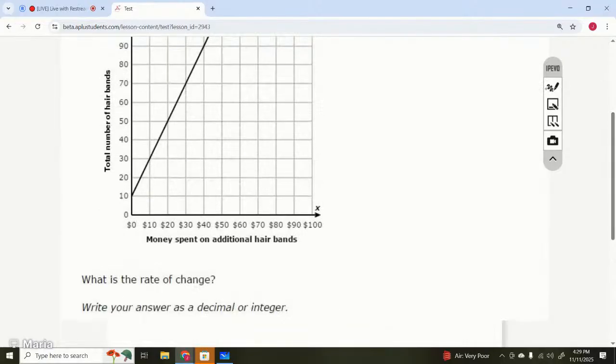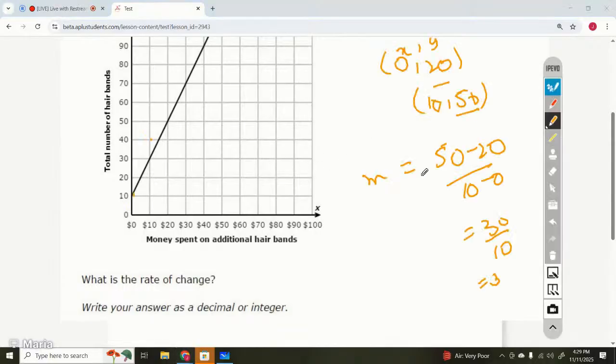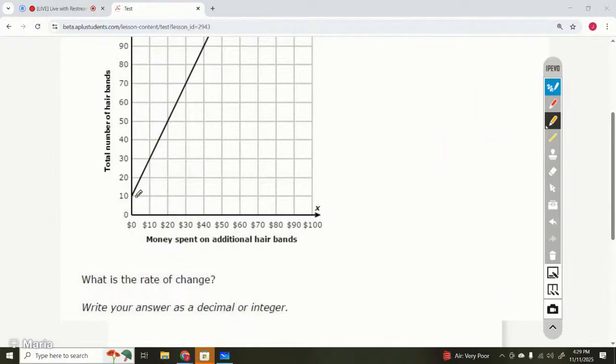So let's check on the graph. Here is the first one and here is the second one. That is 0 and 10, and that is 20 and 50.